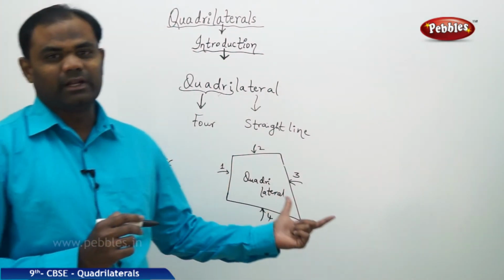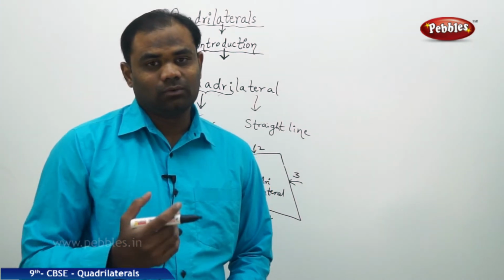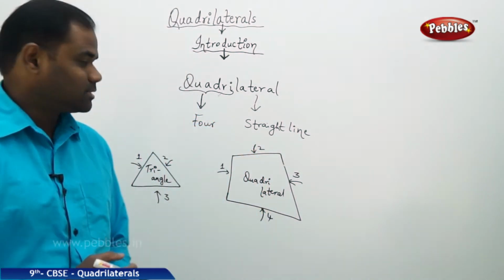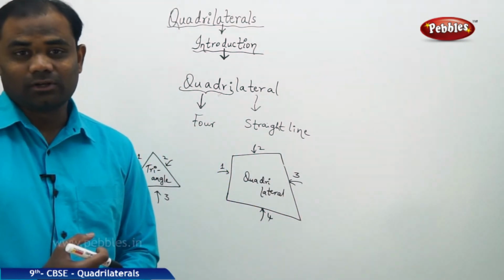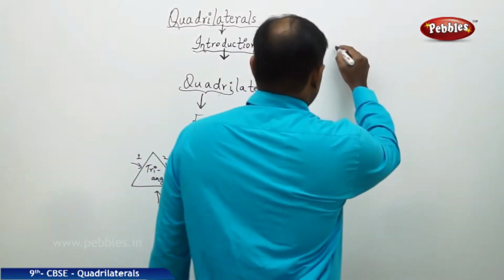Triangle and quadrilateral are named by the number of sides, or the number of straight lines which join to form a closed figure.